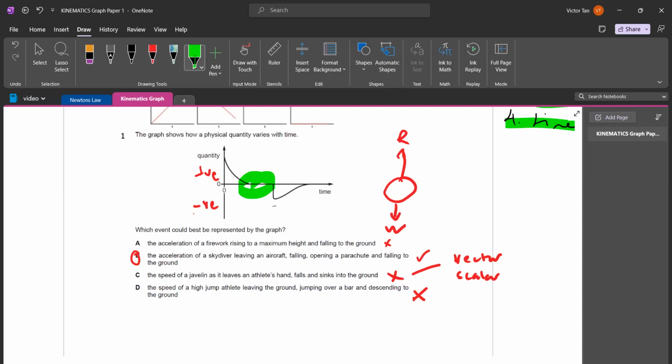Here, zero. When the skydiver opens the parachute, the air resistance will be larger than the weight, and therefore the acceleration becomes negative. That is why at this part it is negative. And the negative acceleration will decrease until it reaches terminal velocity again, when the acceleration is zero. So the answer is B.